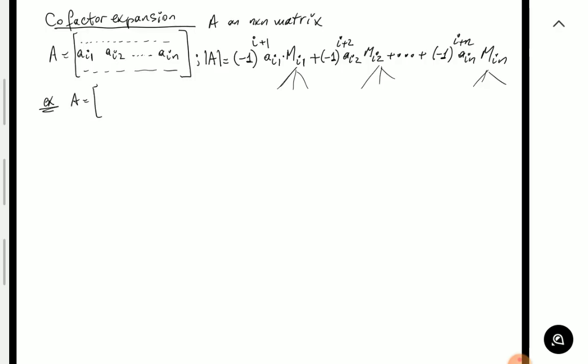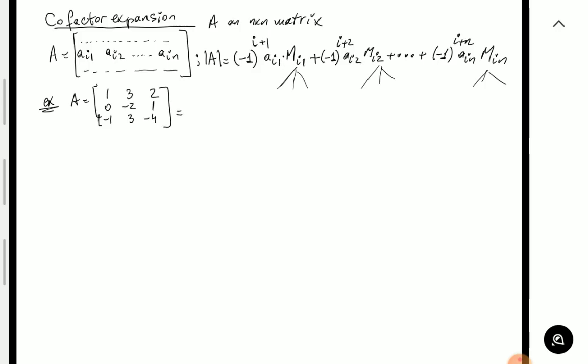Obviously, we're going to choose a 3 by 3 case, which is higher order than 2, but not too big so that we don't waste too much time. Okay, so suppose we have the matrix 1, 3, 2, 0, -2, -1, 3, -4. And let's proceed with the cofactor expansion for the first row, 1, 3, 2.